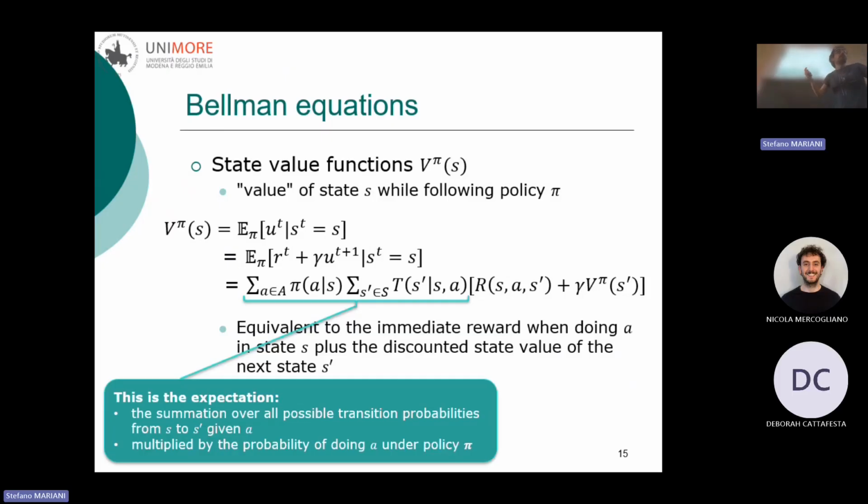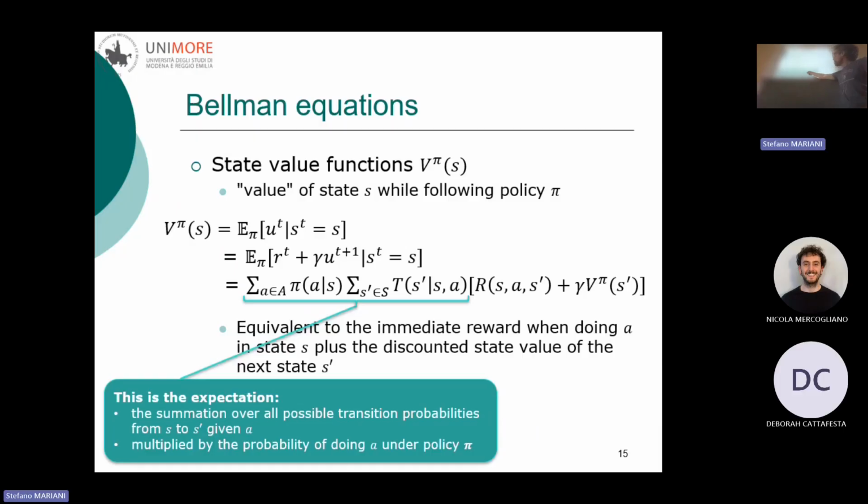So I need to consider that given this state and this action, there may be more than one outgoing arrow from my given state to the next one. And also, obviously, my policy can be probabilistic. So, given a specific state, I may have multiple actions to carry out, multiple choices.